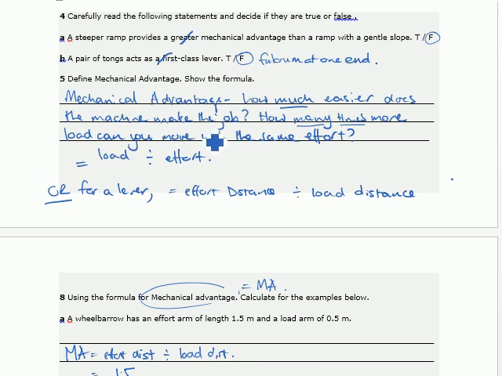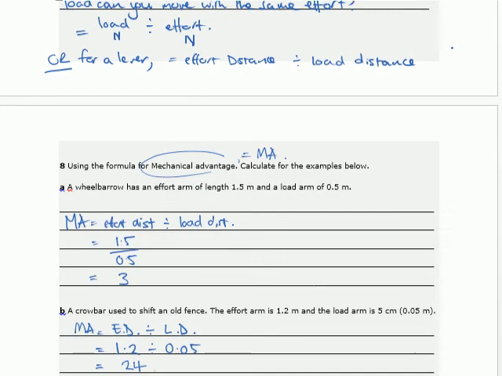It means you've made the job easier for yourself. And there are different ways of calculating mechanical advantage depending on whether you're talking about the forces in newtons or the distance from the fulcrum. Again, if you have to calculate this in the test, we'll give you the formula.